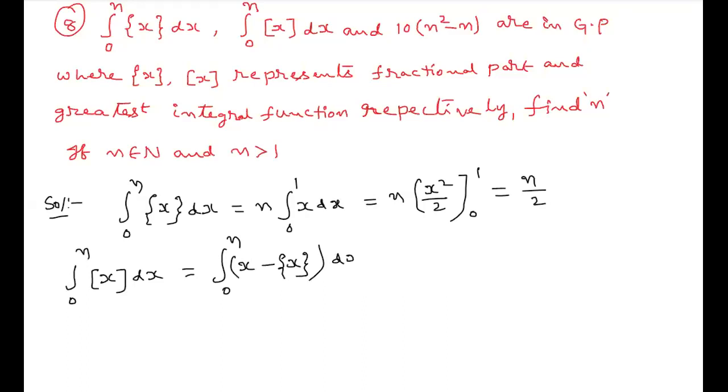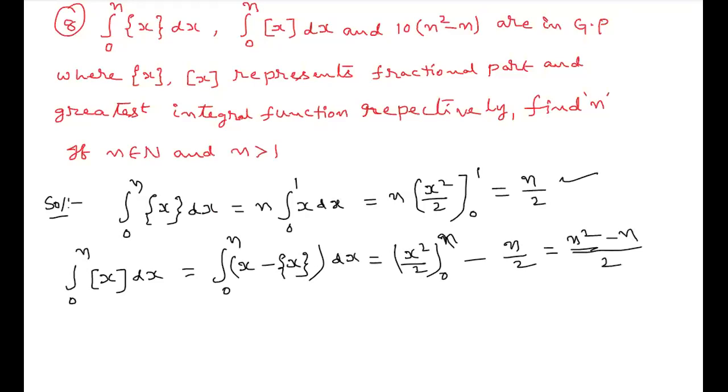Now integration x dx means x square by 2 with limit 0 to n, minus integration 0 to n floor x, which we already got, that is n by 2. Now substitute the values: upper limit minus lower limit, we get n square by 2 minus n by 2. Overall, n square minus n by 2.